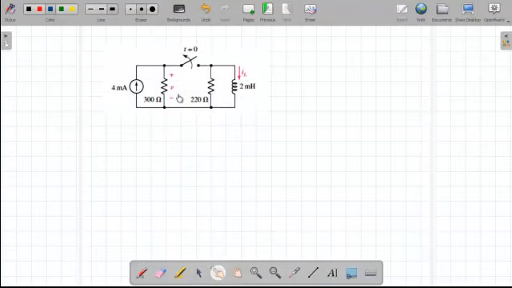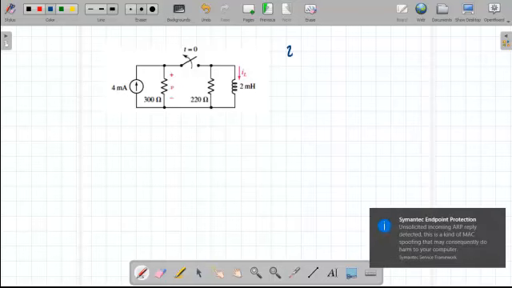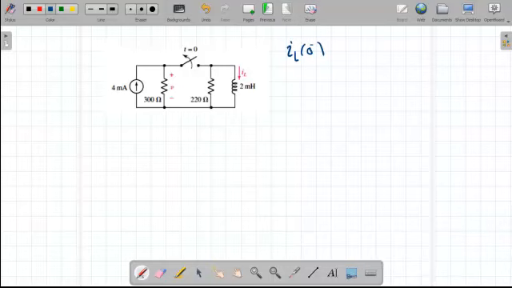So here again, we say that the inductor was a short circuit before the switch opens. From this we can find IL(0-), which is the current through this inductor.